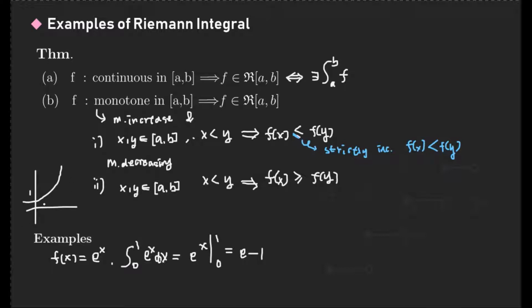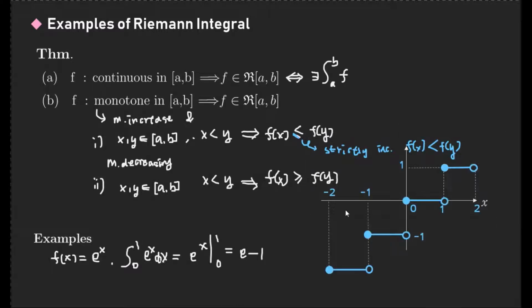Intuitively, we check this is an increasing function. So this also seems to be a clear theorem, like statement A. But the problem occurs when considering this graph.